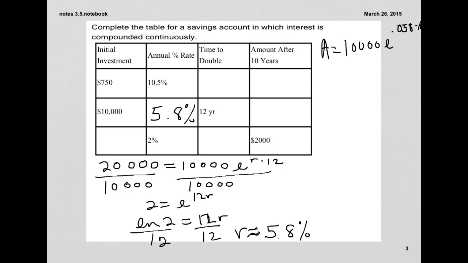So that's going to be A equals 10,000 e to the 0.58. And all we have to do is plug that into our calculator, and A equals $17,817.93.